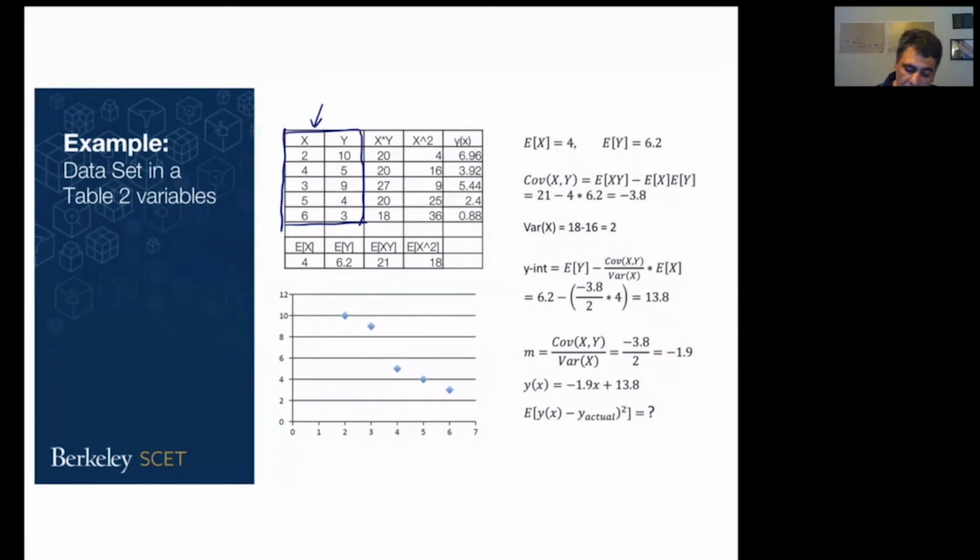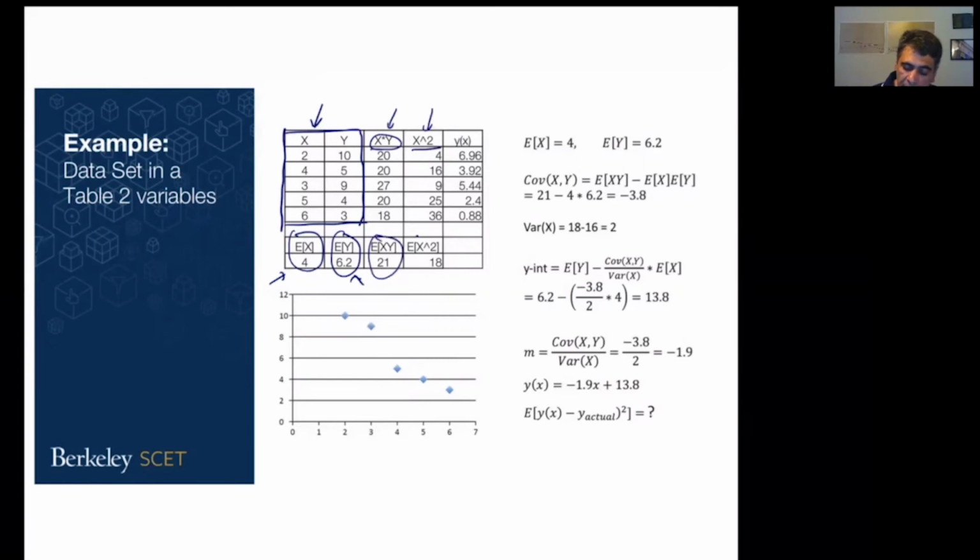And what we can do is calculate the average of this column, and you'll get the expected value of y. You can calculate the expected value of x here and the expected value of y here, the average of that column. We can also get values for the expected value of the product and the expected value of x times x.